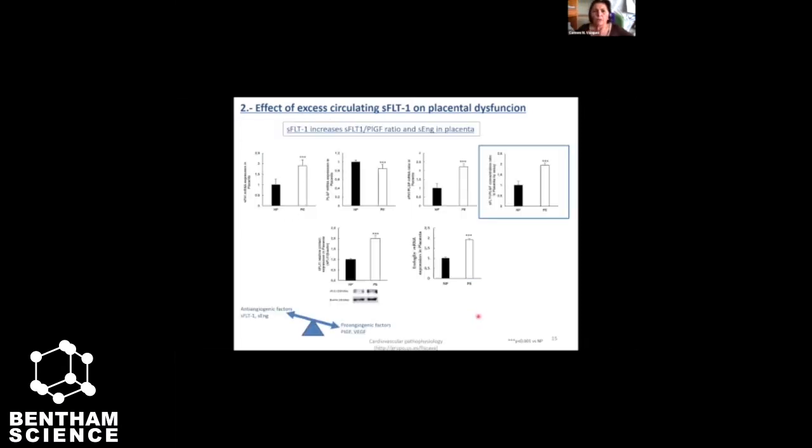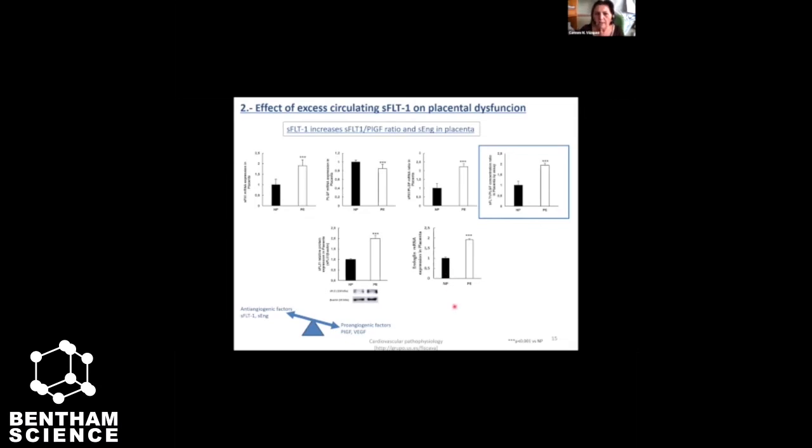Later, we measured the levels of sFLT1 and PlGF and the ratio, and the level of soluble endoglin in the placenta, and we found that the sFLT1 to PlGF ratio is increased in preeclamptic animals when compared with normal pregnant. An increase was also observed in soluble endoglin in preeclamptic animals in comparison with normal pregnant.